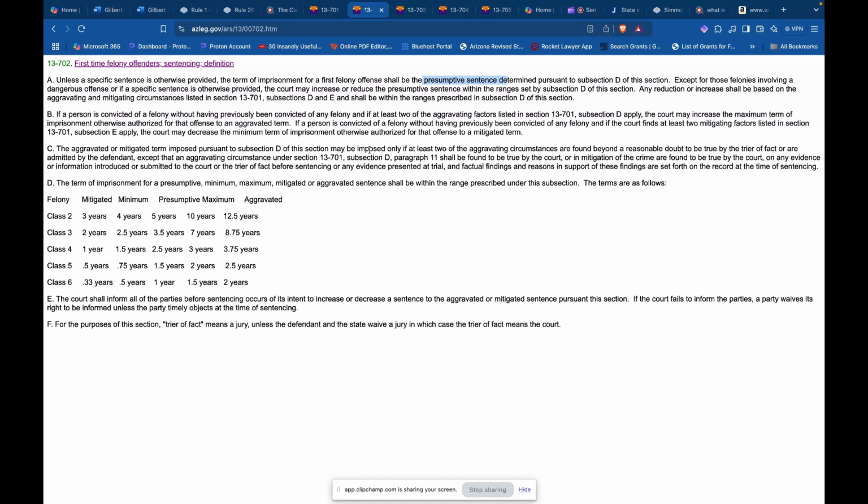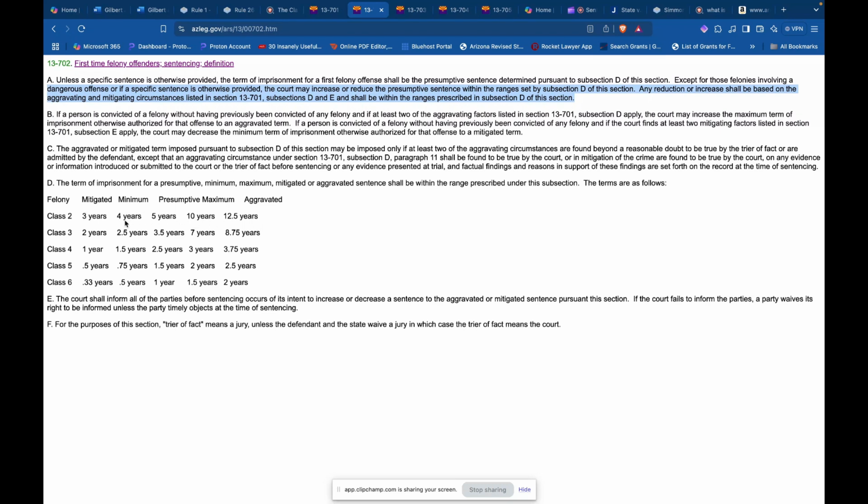So in this case, if there is a sentence that has another number attached to it or is a dangerous offense, for class 2 felony offenders, no matter what, your sentence range is 3 to 12 if you find any mitigation or aggravation.